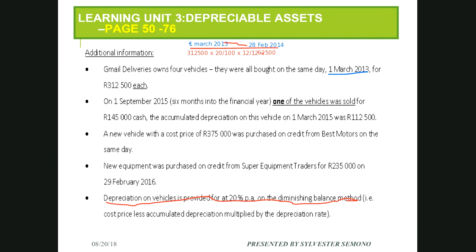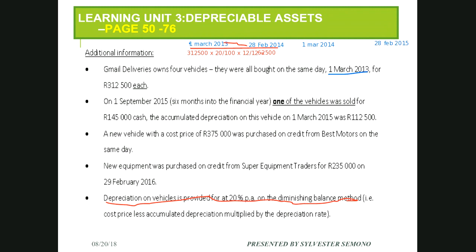Remember, the next year will start on the next month. We ended on the 28th of Feb, so it starts on the 1st of March 2014, not 2015. But it will end when? It will end on the 28th of Feb 2015. Are we together?